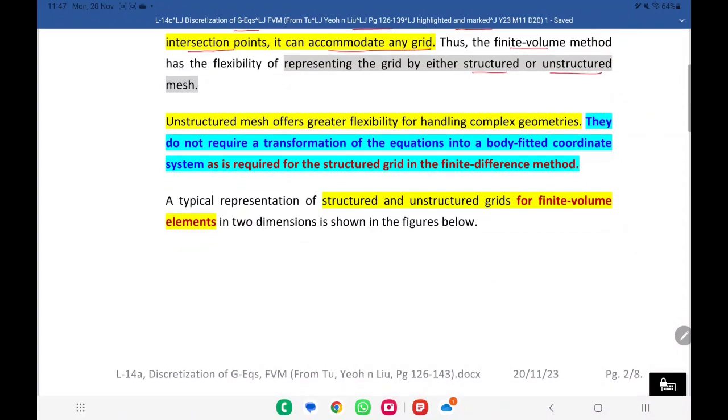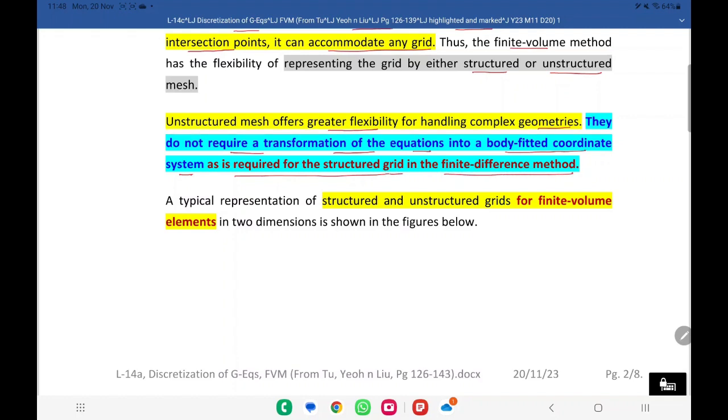So unstructured mesh offers greater facility. The advantage of unstructured mesh is that you have greater facility for handling complex geometries. They do not require transformation of the equation into a body fitted coordinate system, as is required for the structured grid in finite difference method.